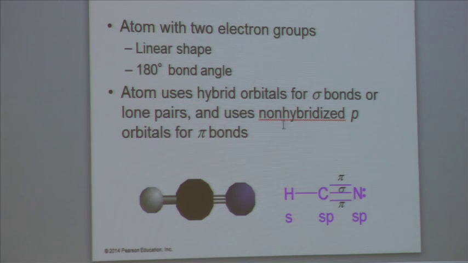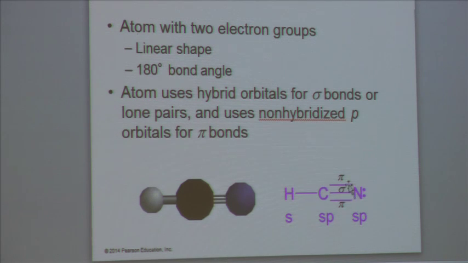Now, sp hybridization is where you have two electron groups, linear in shape. You have a sigma bond and two pi bonds between carbon and nitrogen. Remember, the other electron that carbon has bonds with hydrogen, so you have an s orbital from hydrogen with an sp orbital from carbon and an sp orbital from nitrogen to form the sigma bond, and then the two pairs of electrons form the pi bonds.